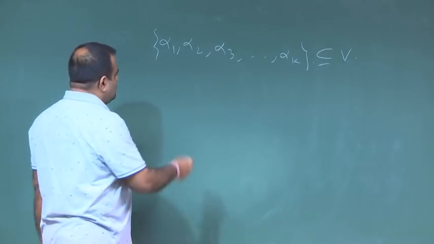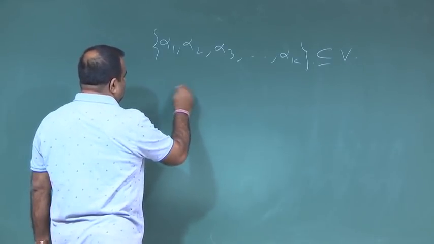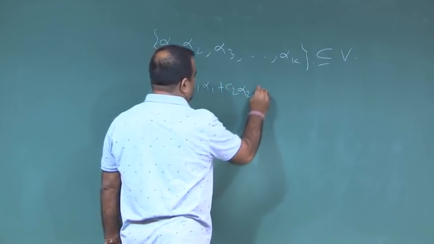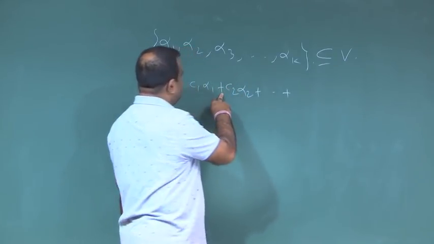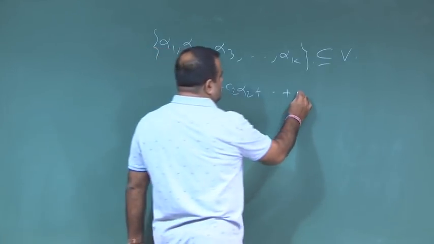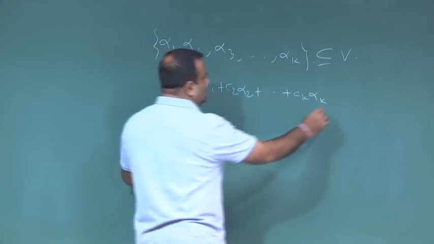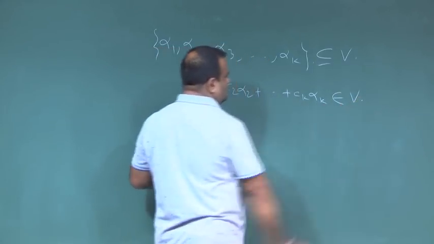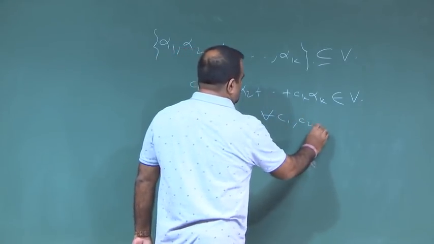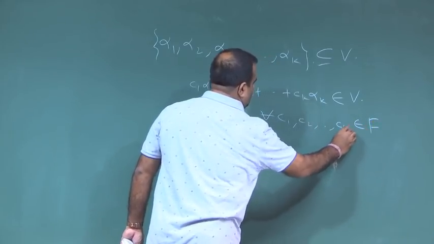Now, we can define a linear combination of these vectors. So, if we take c 1 alpha 1 plus c 2 alpha 2 plus up to c k alpha k, where this plus is basically vector addition, so we have to be a little careful, this is also a member of V, and this is true for all c i.